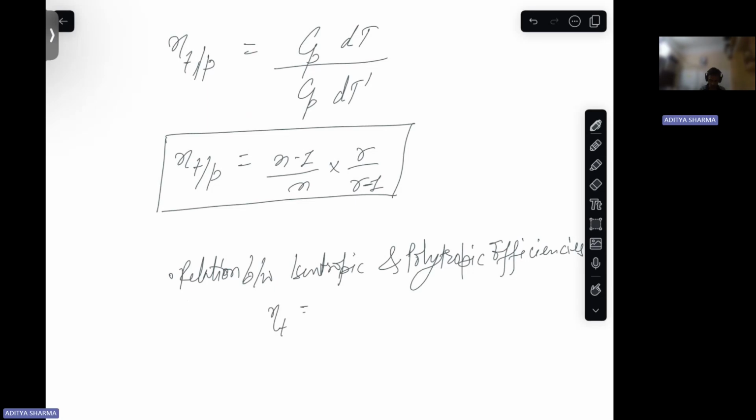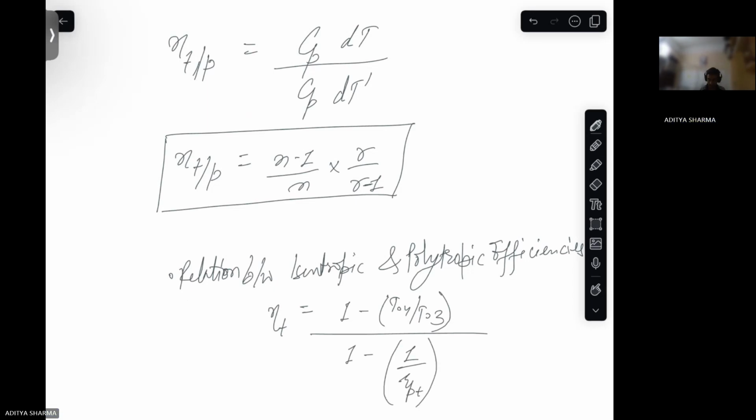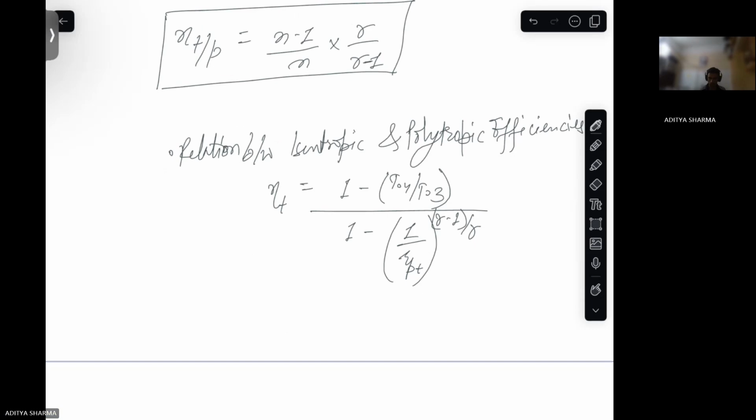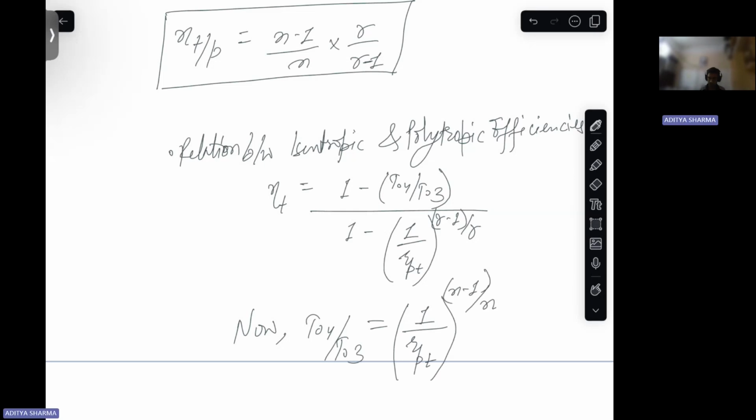Because this efficiency is (1 minus T naught 4 by T naught 3) divided by (1 minus 1 by RPT to the power (gamma minus 1) by gamma). Now what we can do? T naught 4 by T naught 3 is your real process. If you take this as a polytropic process having an index n, this becomes this.